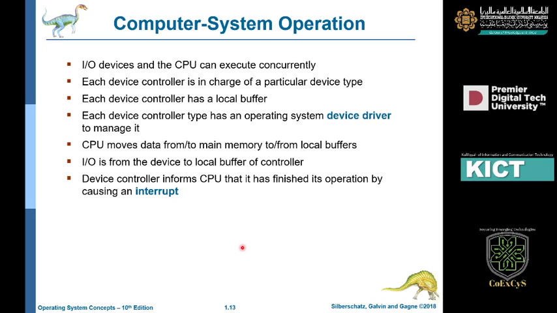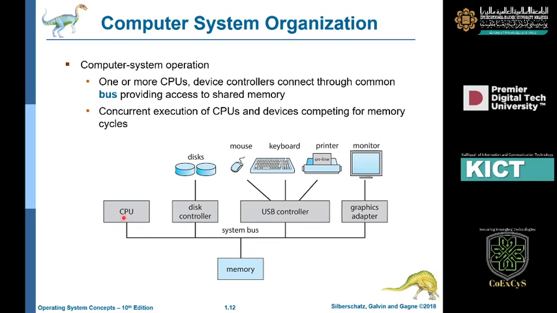In computer system operations, I/O devices and the CPU can execute concurrently. In this picture you see all of this. Sometimes while the CPU is doing computation, the disk controller is reading the hard disk. The keyboard is reading whatever key you're typing, and the monitor is displaying something from the graphic card.